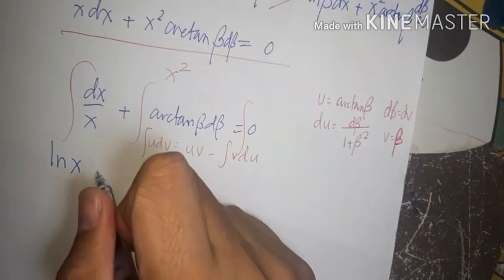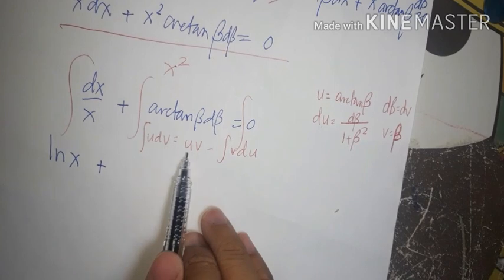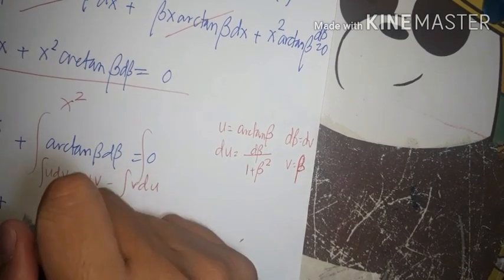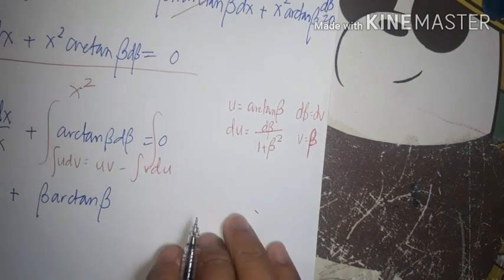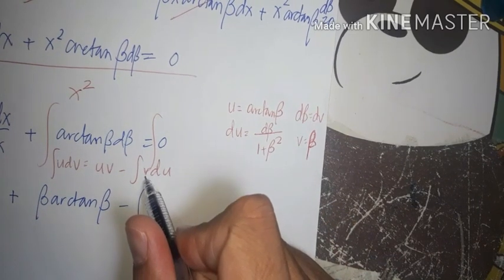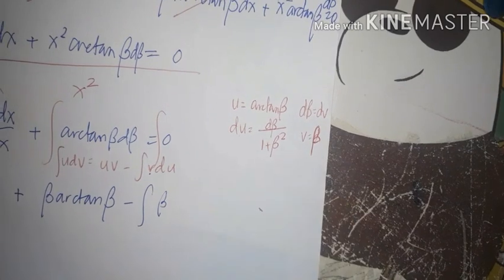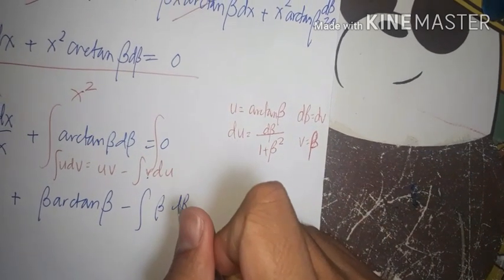Substituting to the formula, that gives u times v. u is arctangent beta, v is beta, so that's beta arctangent beta minus integral of v. Your v is beta and du is d beta over 1 plus beta squared.